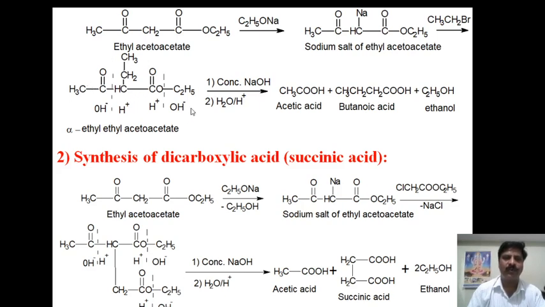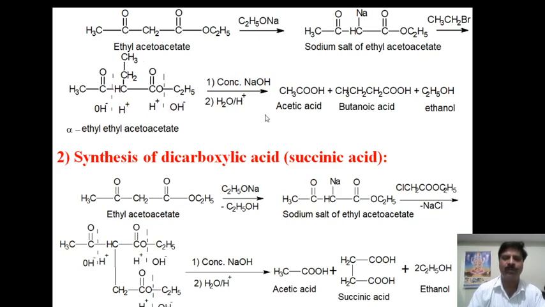This product is alpha-ethyl acetoacetate. On hydrolysis in presence of concentrated sodium hydroxide solution followed by acid hydrolysis, the breaking into three fragments takes place. One is acetic acid, another one is ethanol, and the remaining one is butanoic acid.